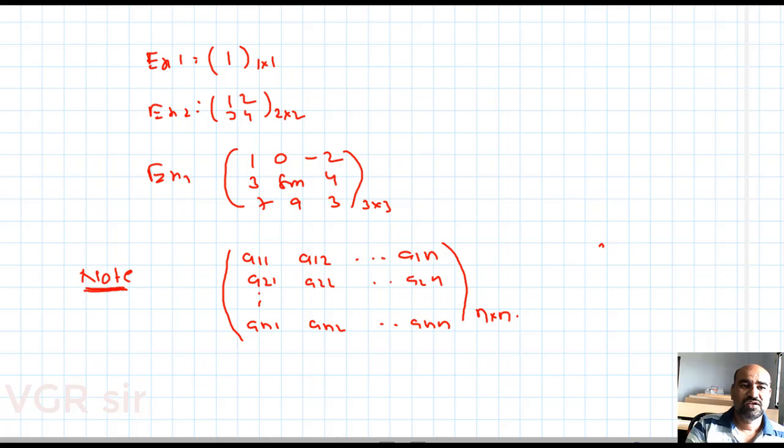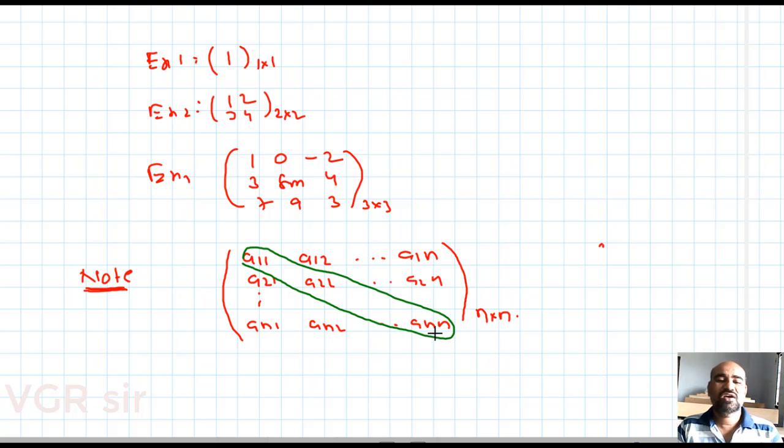In a square matrix, the first row first column element, the second row second column element, up to the nth row nth column element are called the elements in the principal diagonal of a square matrix.